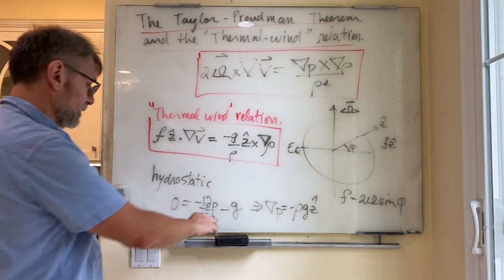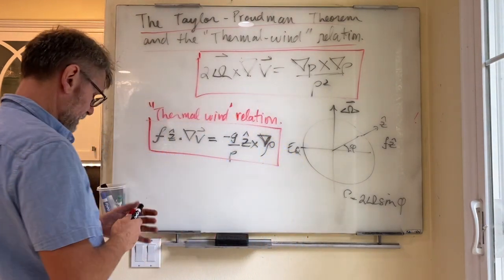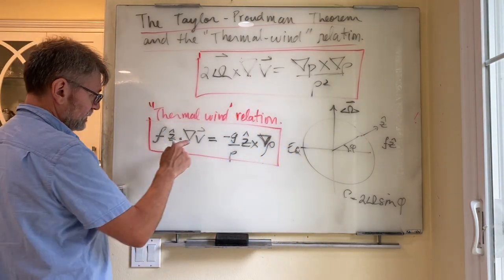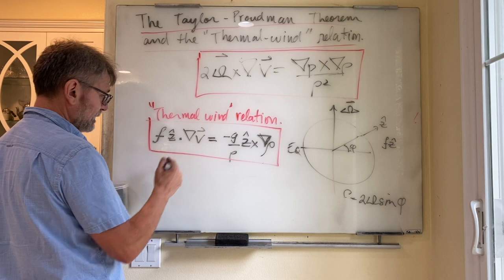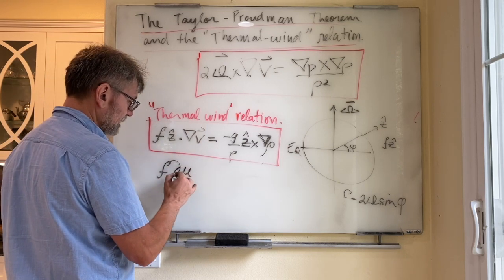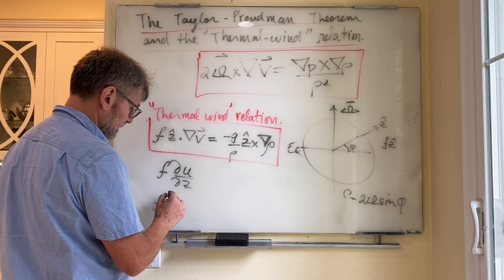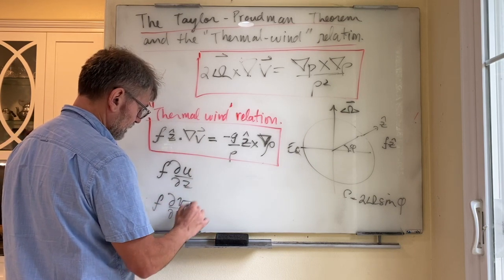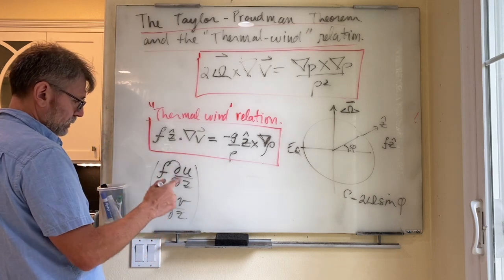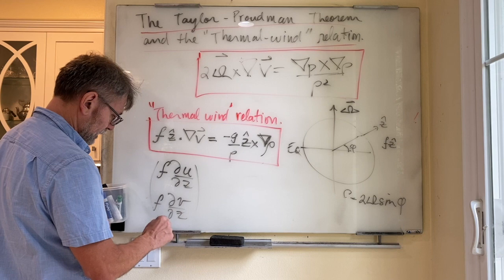So we can write it out in component form, right? The two components. If I just take the z hat component of grad v, that's going to be f times du dz, and f times dv dz, and I guess f times dw dz.